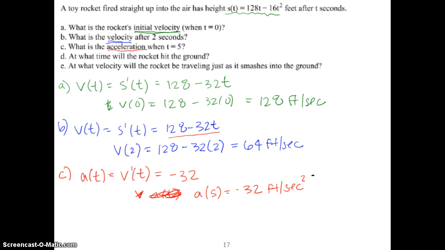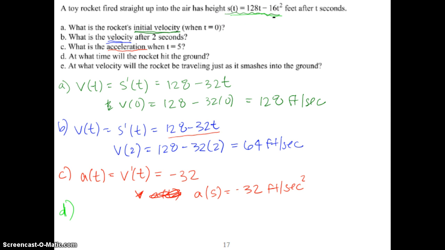Then D is going to be, at what time will the rocket hit the ground? If you think about it, the rocket hitting the ground is referring to position. So we have to go back to our position function, which is the original function.